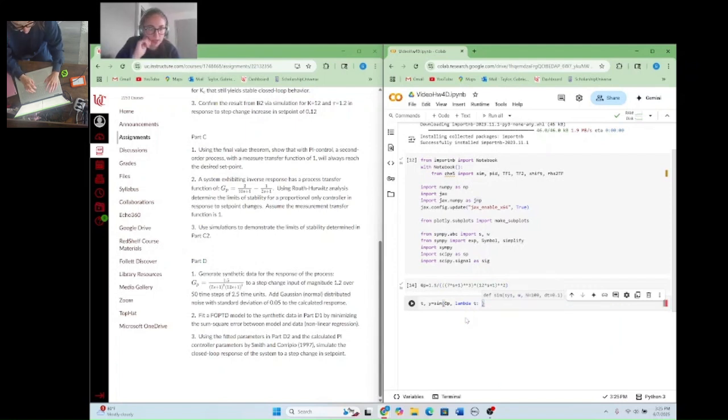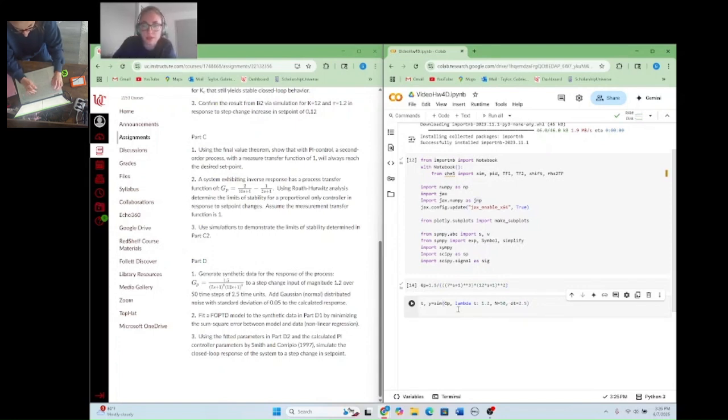We are given that the magnitude is 1.2, the time steps is going to be 50, and then our time units is 2.5. This is dt. Yep, and so this is our clean data here.